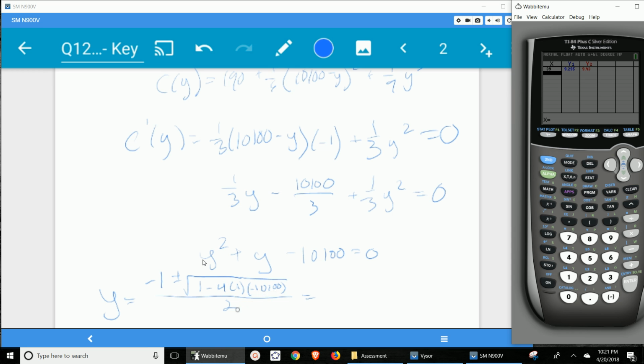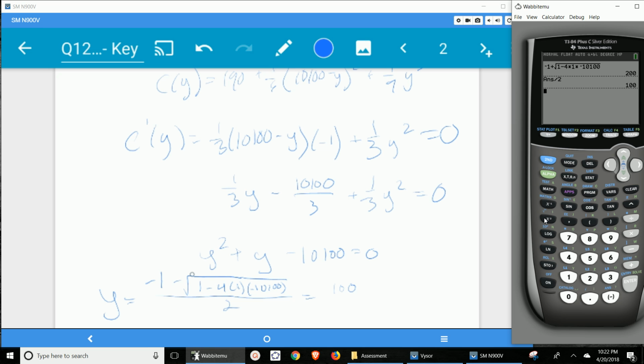So 40,400 plus 1. So 100, and then the other one would be negative, so we can ignore that, right?